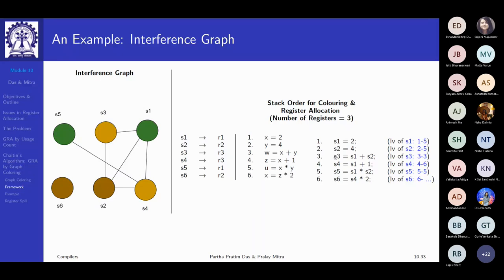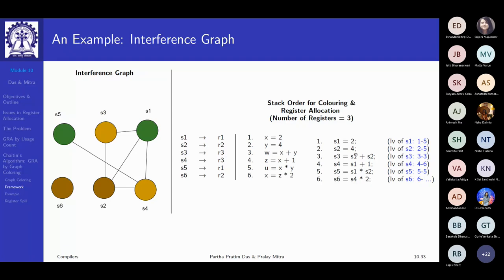It does not interfere with S5 because it is used and becomes dead. So with S1, I have a link to S2, a link to S3, and a link to S4. I do not put a link to S5 because I don't need to remember S1 after statement 5. So the register given to S1 can be reused in statement 5 itself.